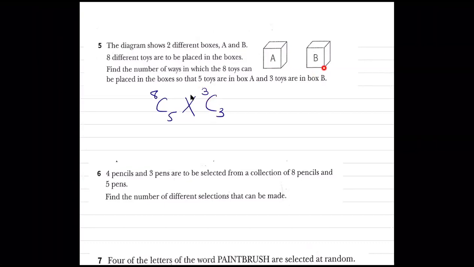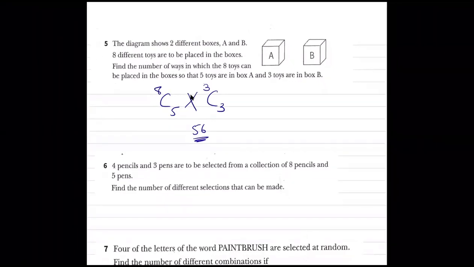They are going to be kept in box B. So first you choose 5 from 8 and put them in box A, and then the remaining 3 toys are going to be kept in box B. So 3C3 is just one, and obviously there is one way of putting the remaining 3 toys in box B. So what is 8C5 into 3C3? 56. 3C3 is 1, so 56 is the final answer. Kashish, okay? Sure.